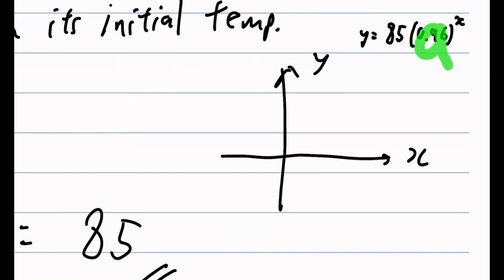What's my a here? Less than 1. So how does the graph look? Try sketching. Yeah, exactly. Just go downwards. What point will it pass through?